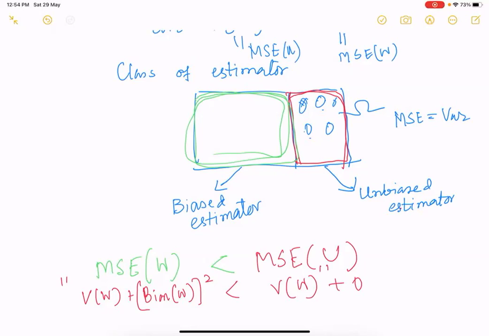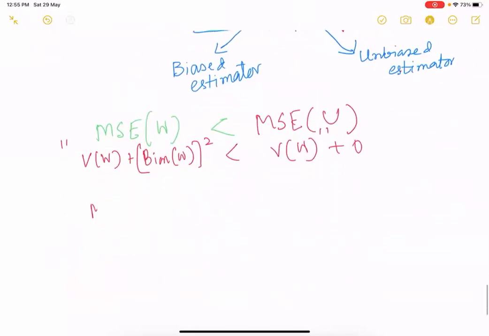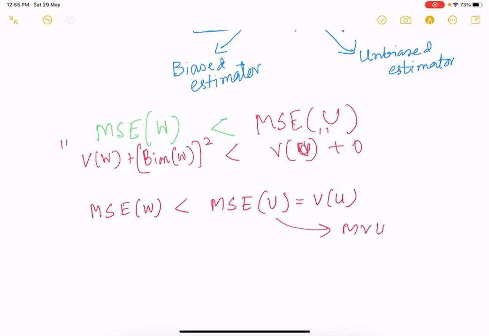So if I'm exploring the whole world of estimators and I find a W which is better from a mean square error perspective, because at the end of the day the variance of W is the same as the mean square error of W, then my mean square error of W is less than the mean square error of U, which is effectively the variance of U. My bias is 0, and U is supposedly my minimum variance unbiased estimator.